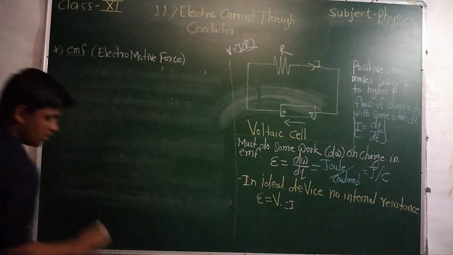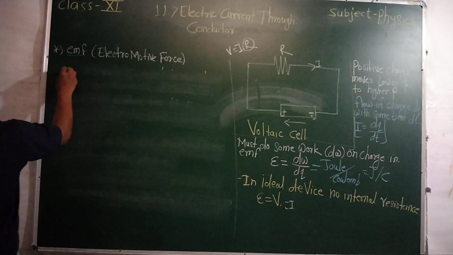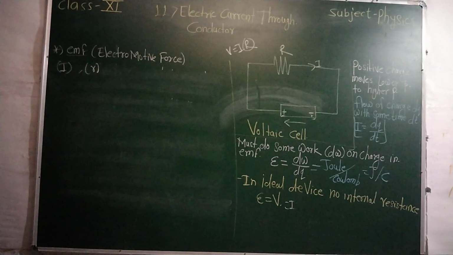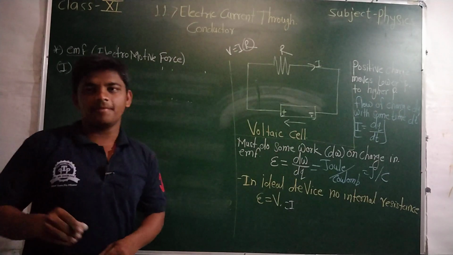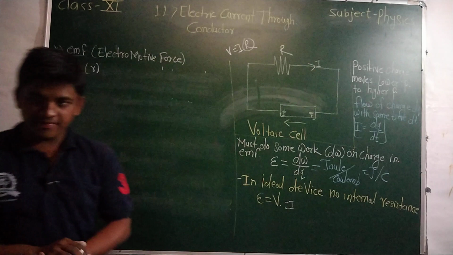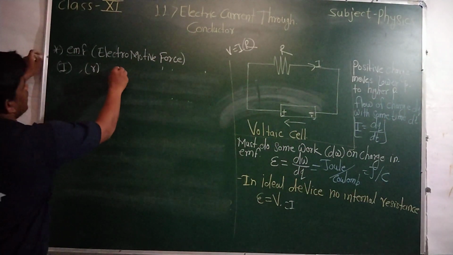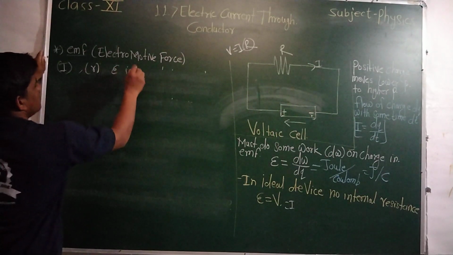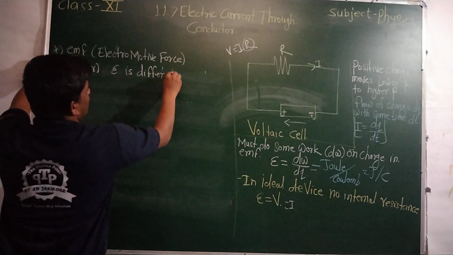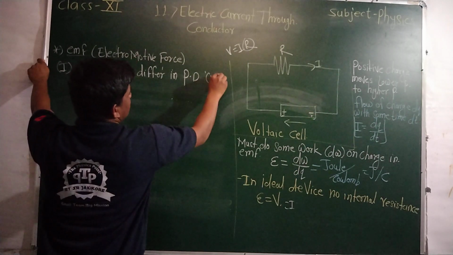Consider a current I flowing through the real device, and let small r be the internal resistance. Then the EMF epsilon is different from the potential difference V.